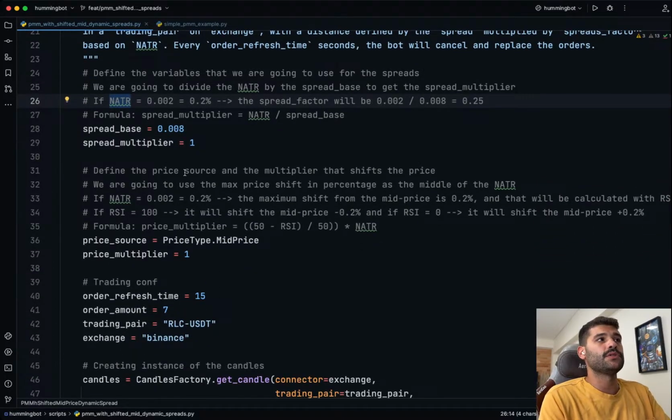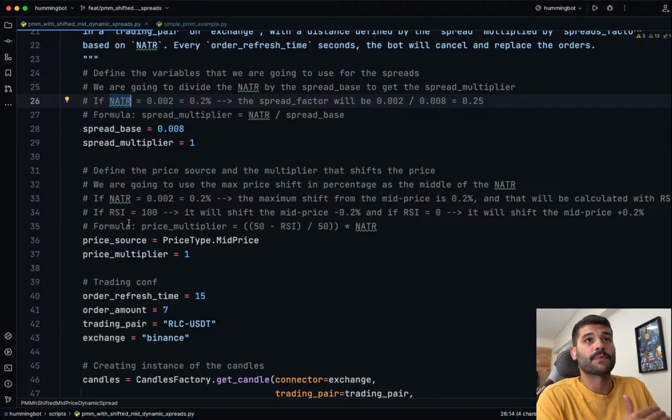The second thing that we are going to define is the price source, which is the price that we are going to use to calculate the new shifted price.